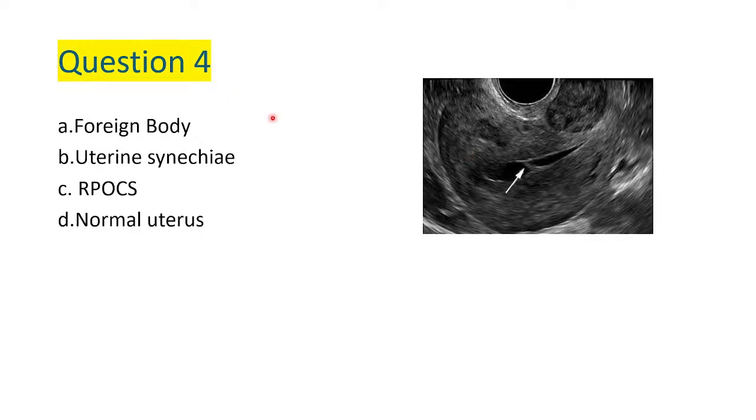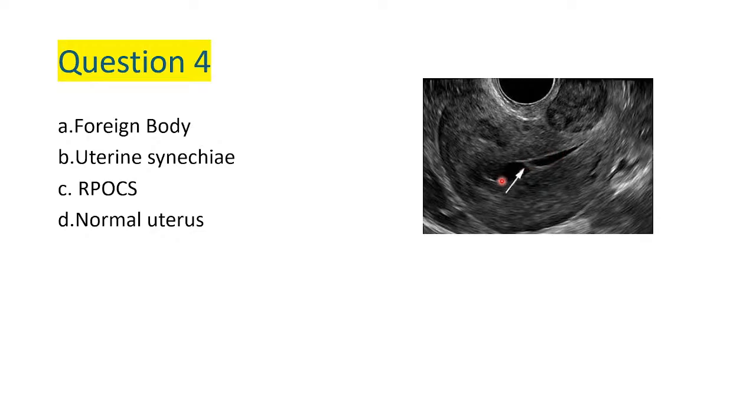So question number 4, we have got our uterus there. You can see it's bulky here, and then you can see on the endometrial cavity there's some free fluid, and there is an adhesion that you see here, pointed by the arrow. So what is this? Foreign body? No, definitely this is not a foreign body. Uterine synechia, yes. When there's inflammation of the uterus or endometritis, there is formation of inflammatory exudate.